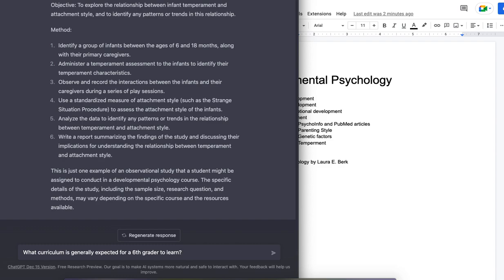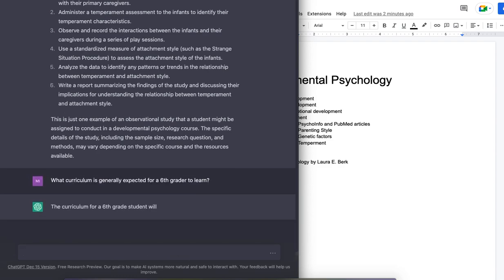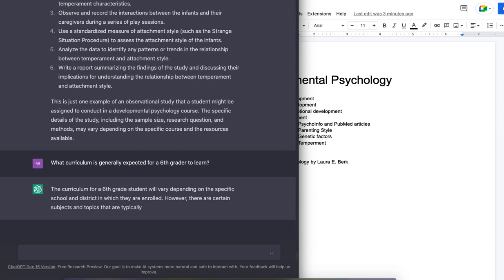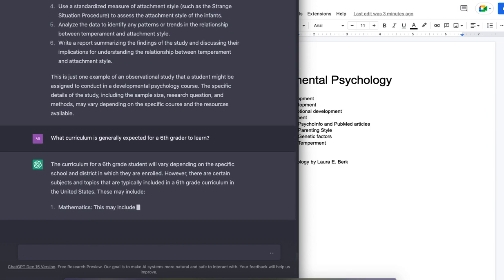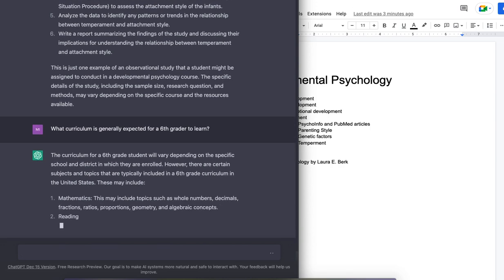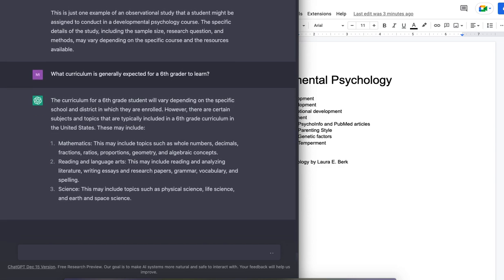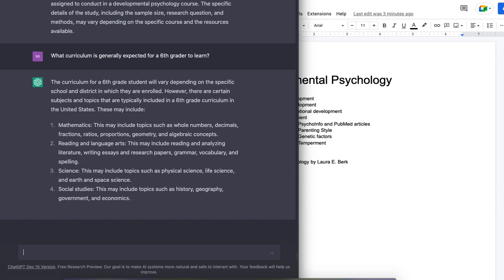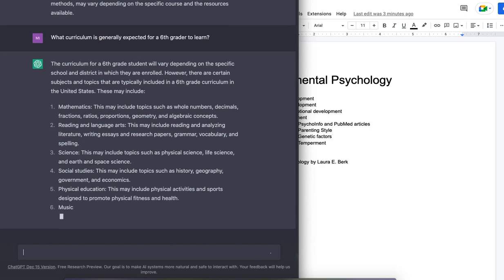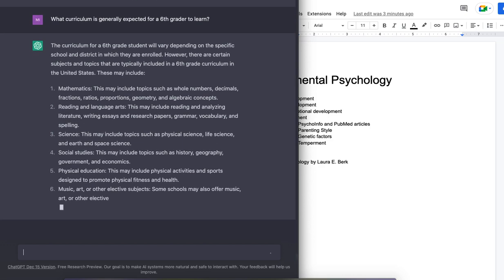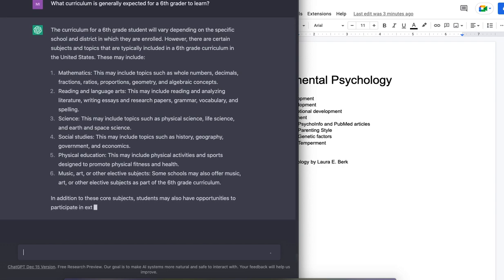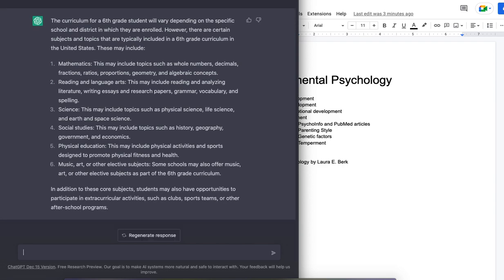So now, say you want to teach your children, you can get a pretty broad overview of what the curriculum in the United States is for 6th graders. Mathematics would be whole numbers, decimals, fractions, ratios, algebraic concepts, plus reading and language arts, science, social studies, physical education, music, art. They might have extracurriculars such as clubs, sports teams, and so on.